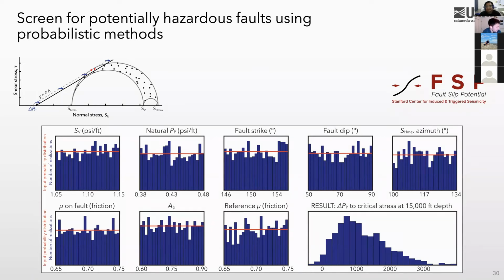Right. Well, I'm not sure that there's a limit really to the size of earthquake that you can have from hydraulic fracturing. The limit is imposed by the size of the fault. If it's a critically stressed fault and it's a large one, you could potentially have a large earthquake.